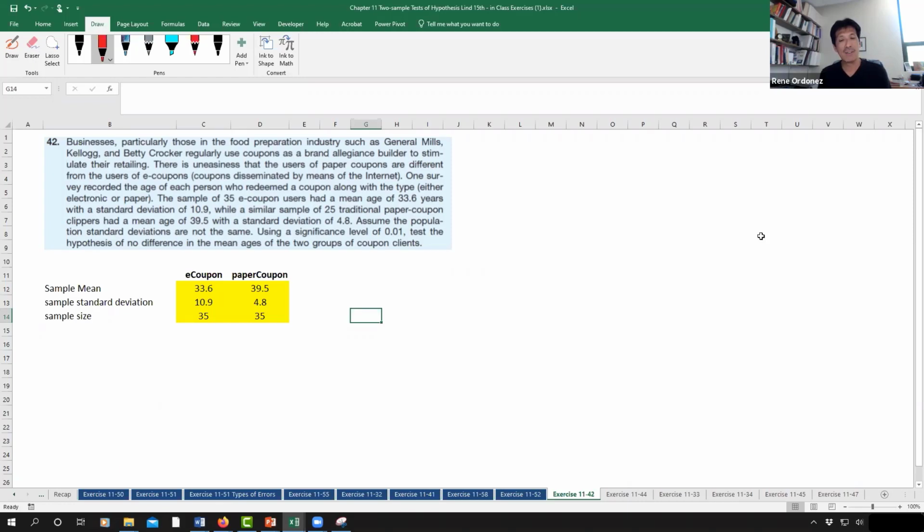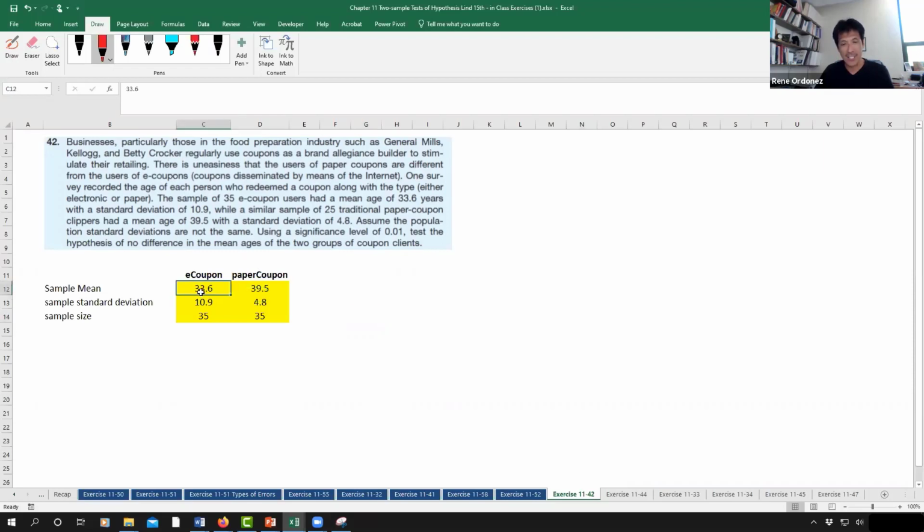The sample of 35 e-coupon users had a mean age of 33.6 years with a standard deviation of 10.9, while a similar sample of 25 traditional paper coupon clippers had a mean age of 39.5 with a standard deviation of 4.8. So I've summarized the information provided in the first three sentences over here.